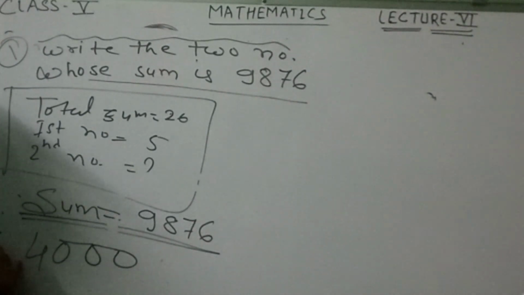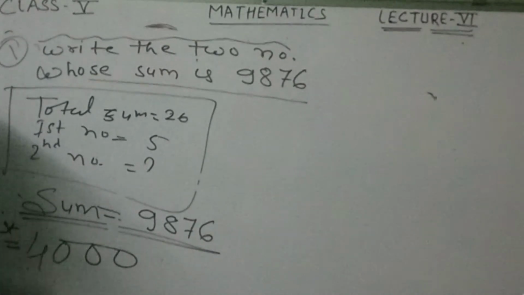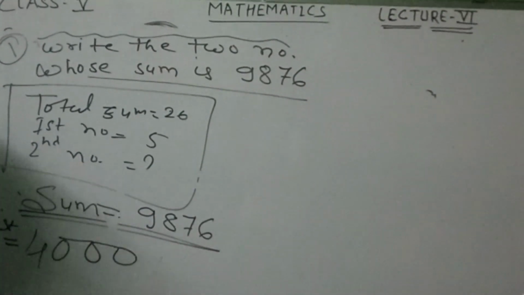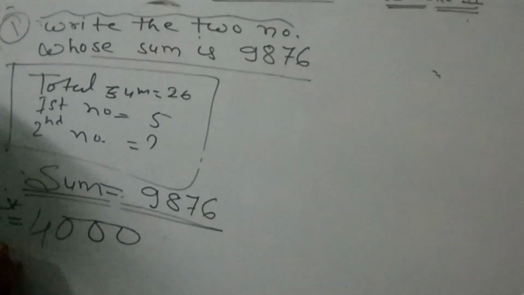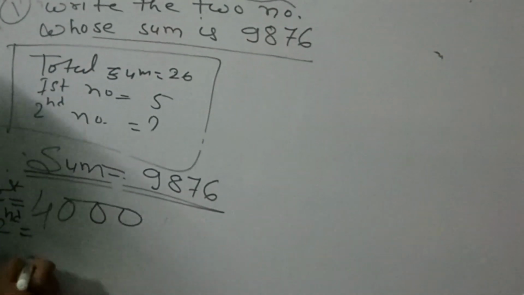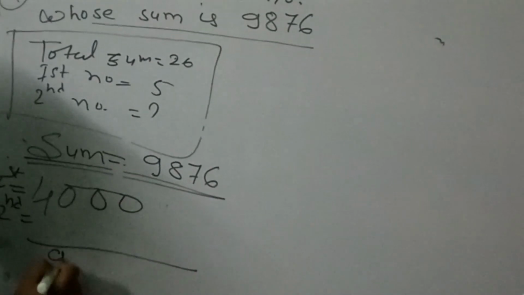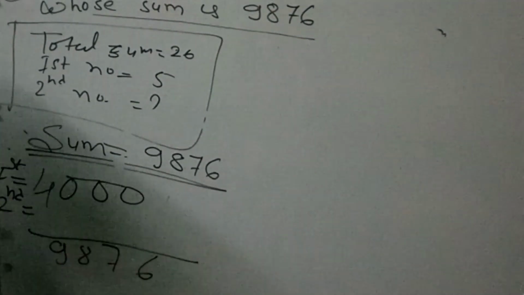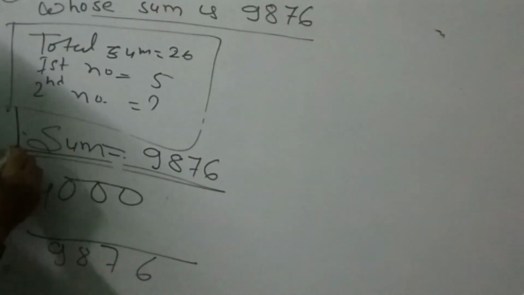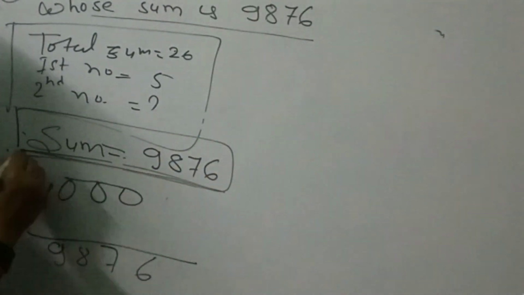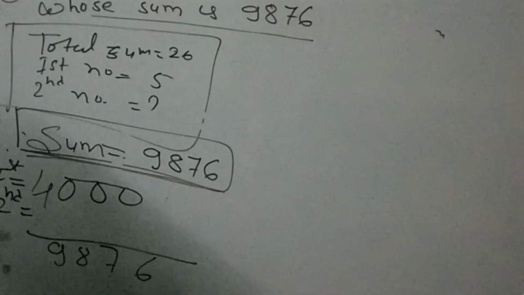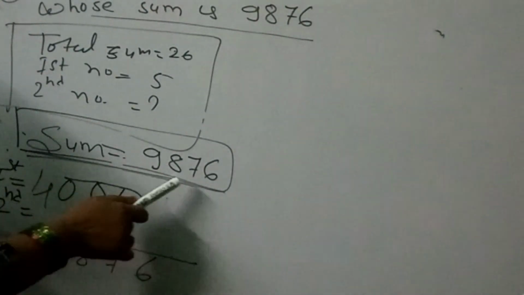Okay, then what will we write in the second number, down here? This one is the first number. I take here 4000. Then what should be the second number? Then its total will be equal to 9876. Listen carefully. Here in the question the given sum is 9876. Then we have to find the two numbers whose sum is 9876.